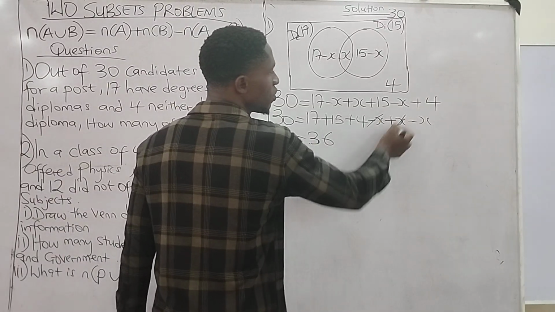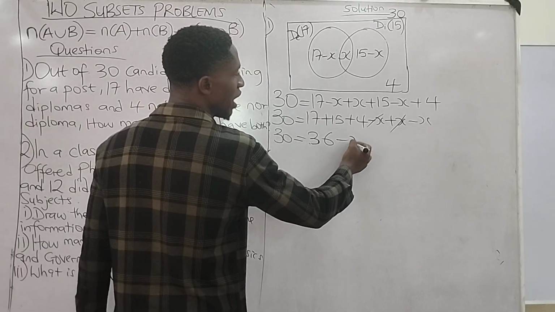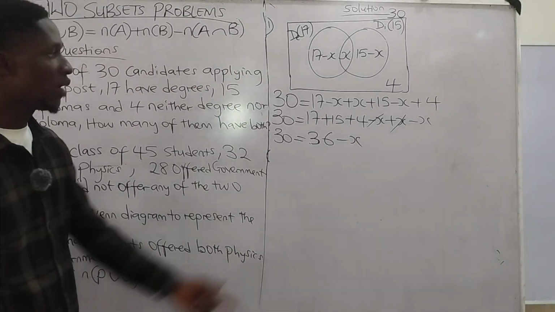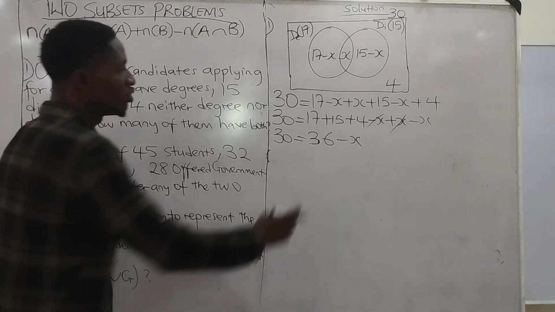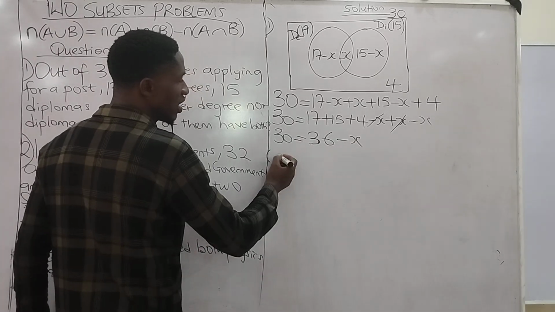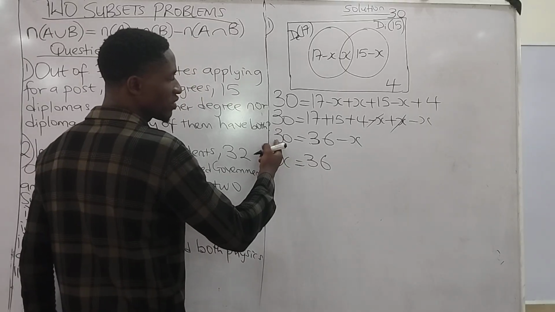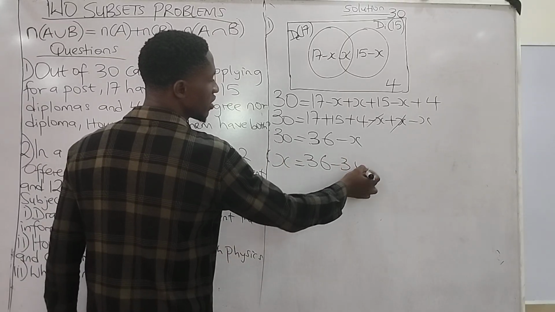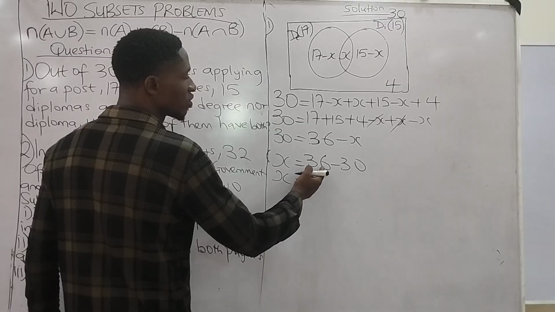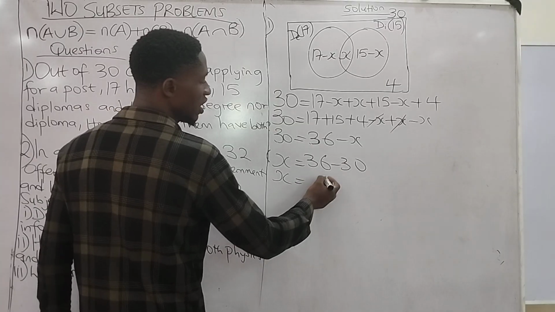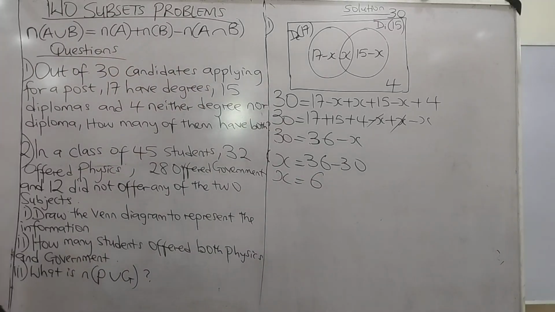Minus X will cancel plus X, we are left with minus X. Then collecting like terms, when minus X comes here it is plus X is equal to 36, and when plus 30 comes here it is minus 30. So our X is equal to 36 minus 30, which is 6. So 6 have both degrees and diploma.